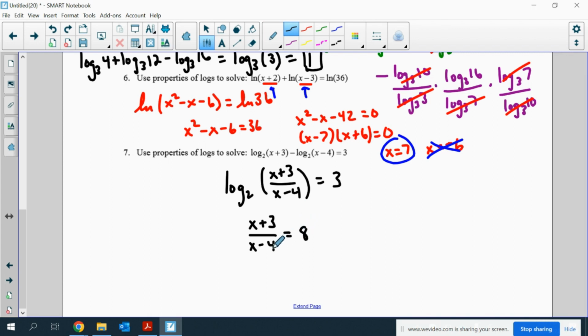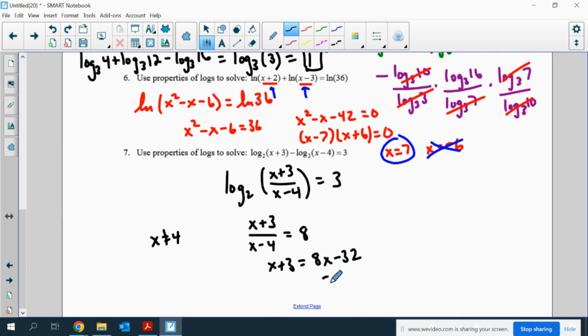And then I can cross multiply here because it's an equal sign. It's not a greater than or equal to or a less than or equal to or anything. So I can multiply this x minus 4 over as long as I remember that 4 is a domain restriction. So x plus 3 equals 8x minus 32.